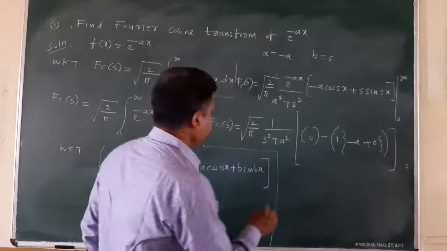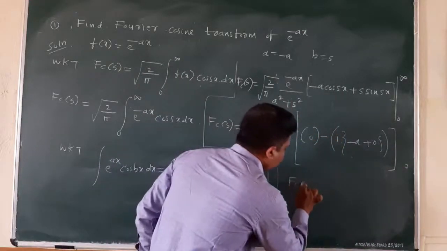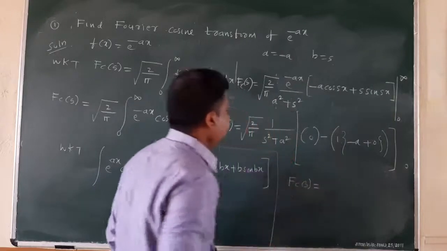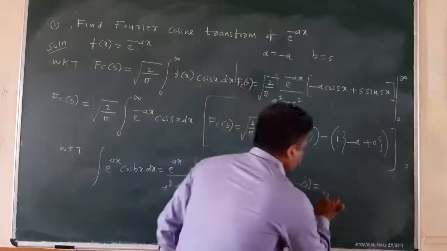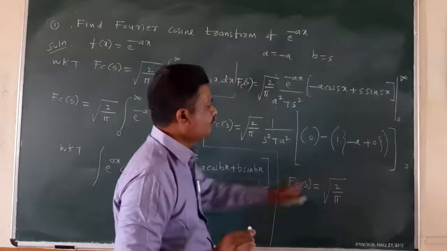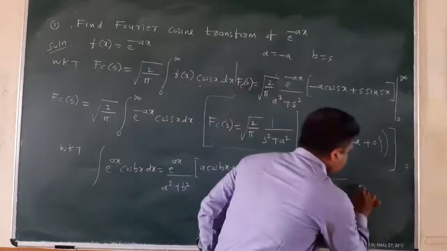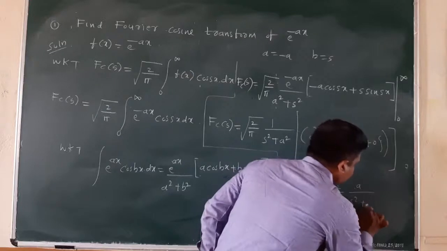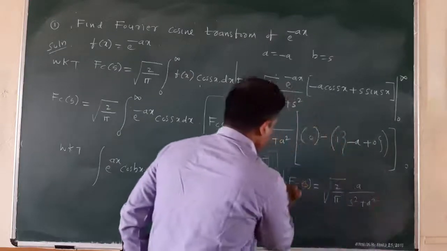So therefore Fc of s is equal to square root of 2 upon pi, minus into minus becomes plus, a upon s square plus a square.